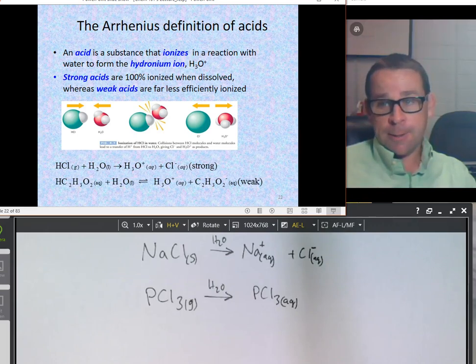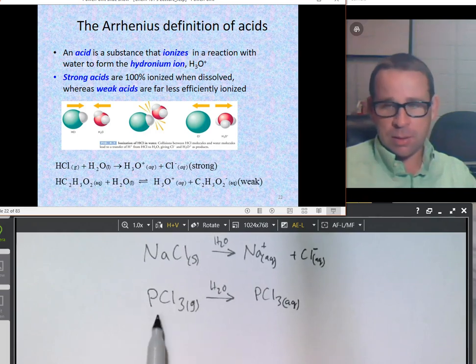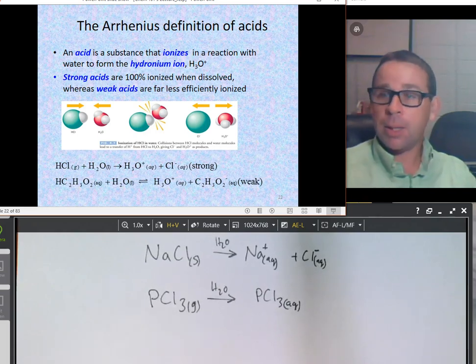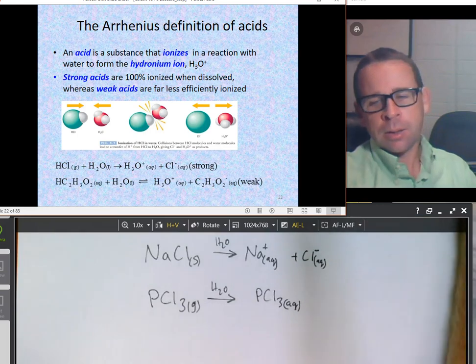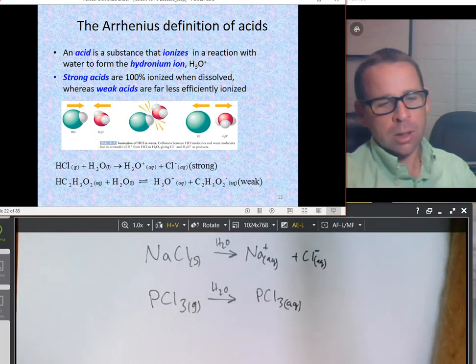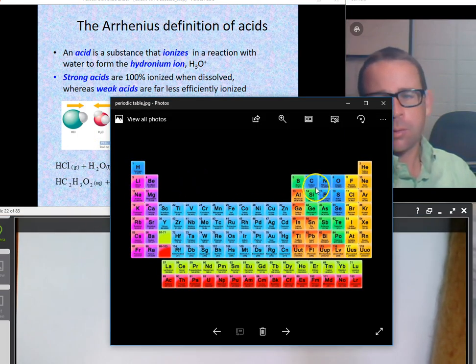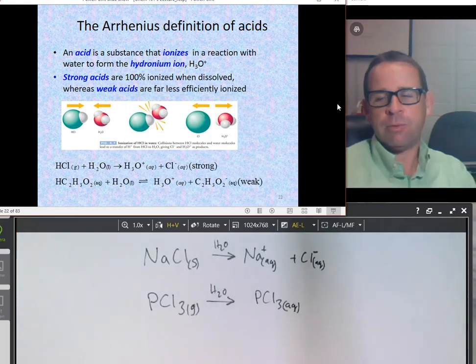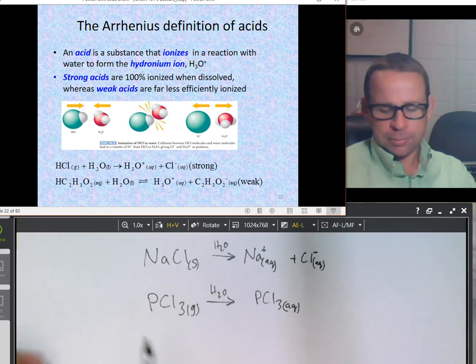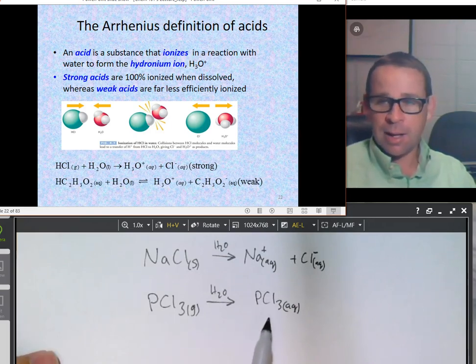So, ready for the answer? The answer is because PCl3 is a molecular compound, right? If you look at our phosphorus here and Cl3, those are nonmetals to the right of the staircase. So it's a molecular compound, and it's not going to be releasing ions, right?